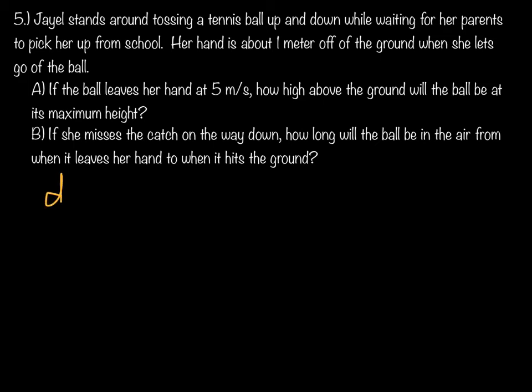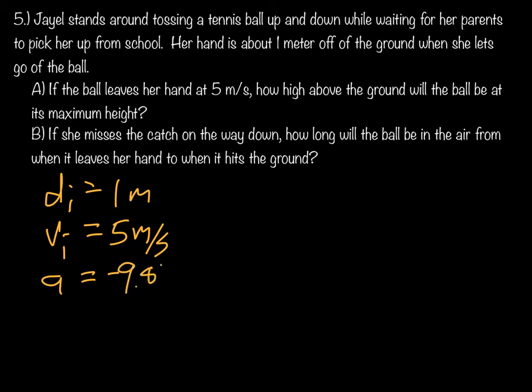We know that the initial displacement is 1 meter. We know the initial velocity is 5 meters per second. We know that the acceleration is little g, so that's negative 9.8 meters per second squared.